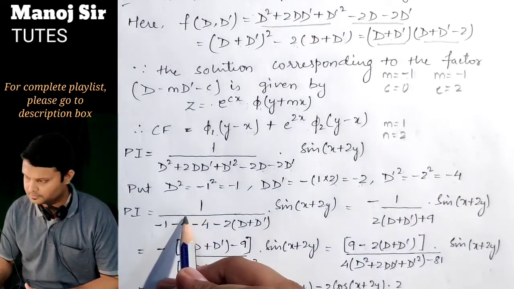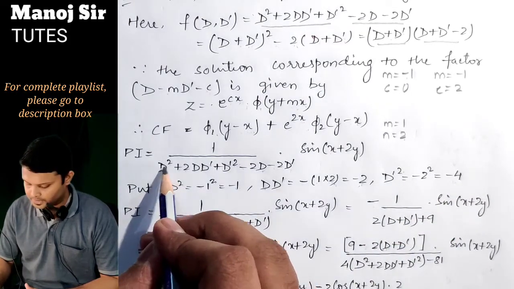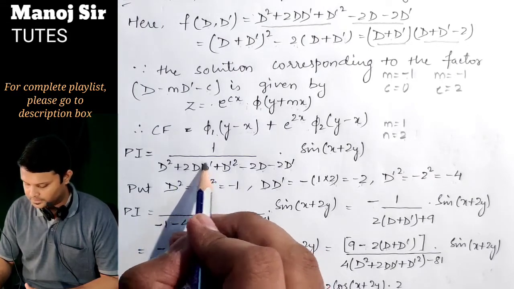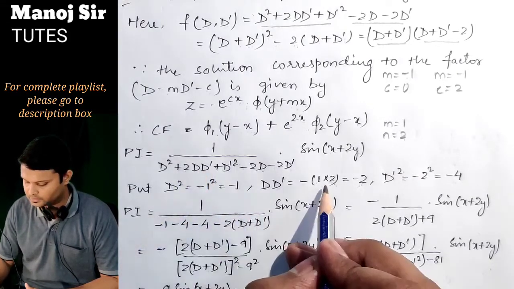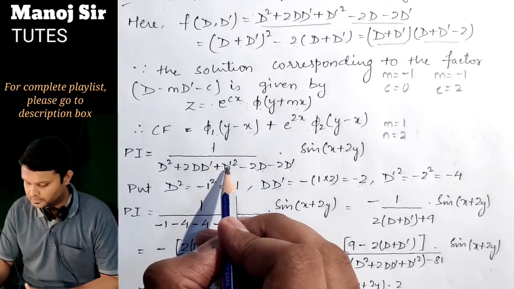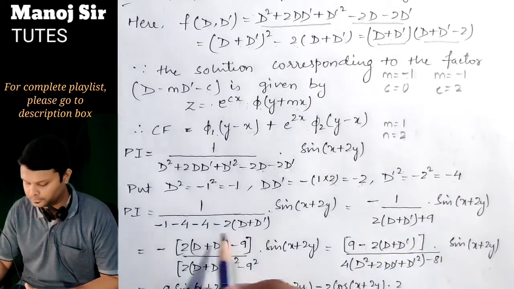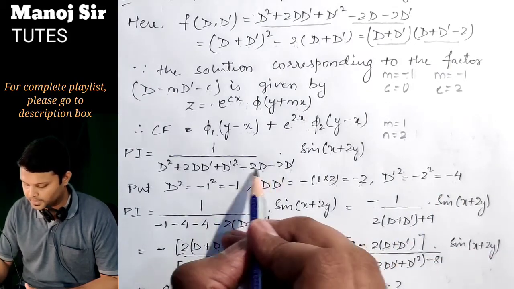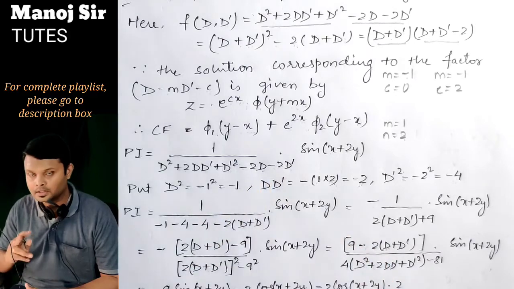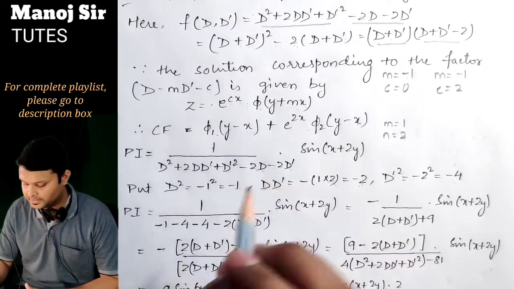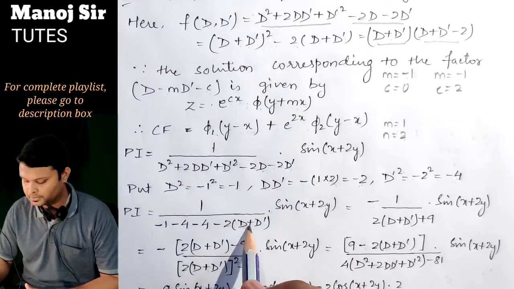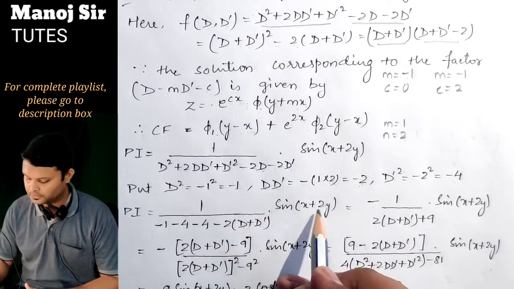Okay, so simply put the values: 1 upon, in place of D square, we need to put minus 1. Here 2 into minus 2, that is minus 4. In place of D dash square, we need to put minus 4. Here you cannot do anything, because we don't have order 2, so let this be as it is, but we are taking minus 2 common, so this will become minus 2 into D plus D dash into sine of x plus 2y.